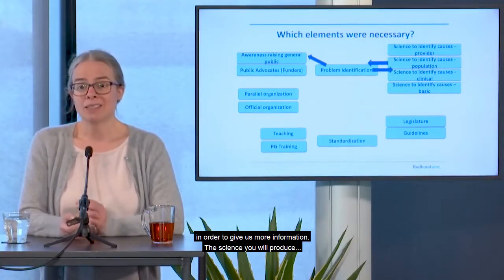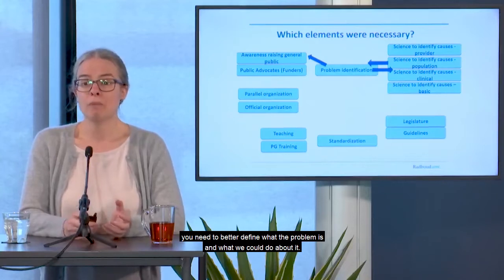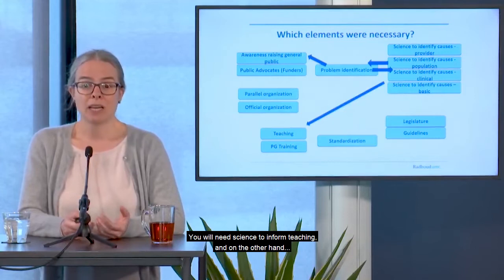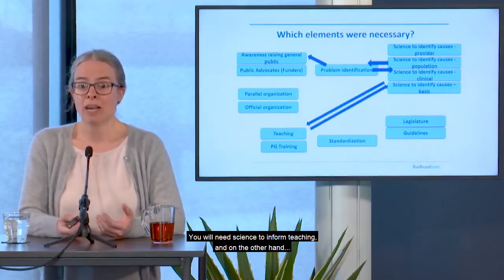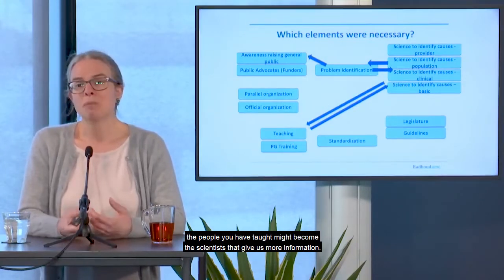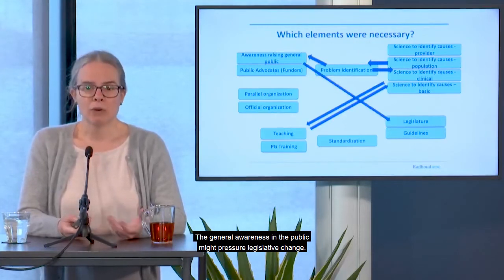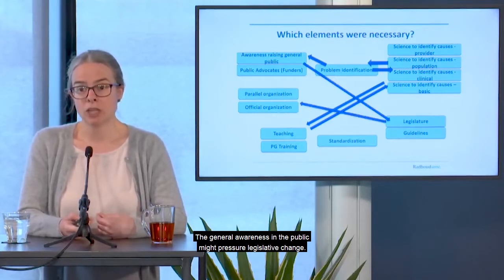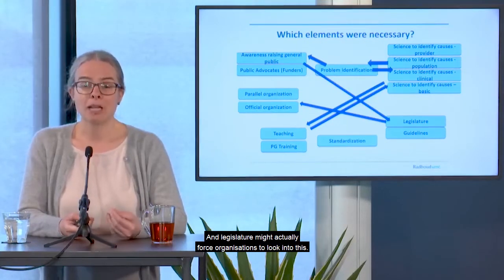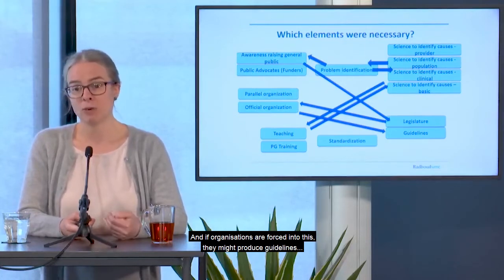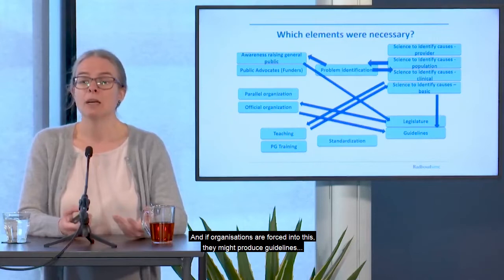The science that you produce helps better define what the problem is and what we could do about it. You will need science to inform teaching. And on the other hand, the people you have taught might become the scientists that give us more information. The general awareness in the public might pressure legislative change, and legislation might actually force organizations to look into this. And then if organizations are forced into this, they might produce guidelines, which are informed by science.